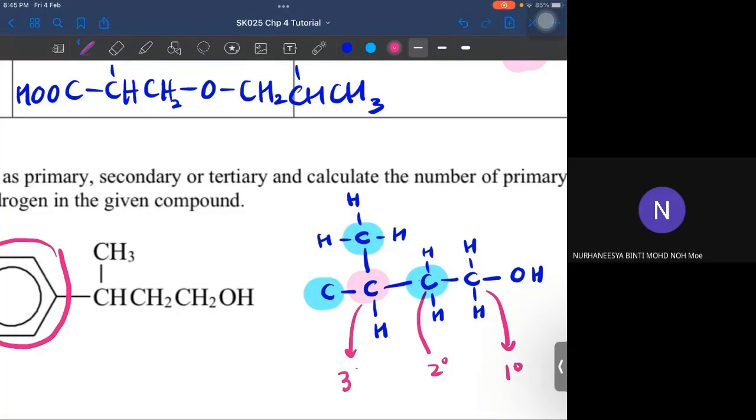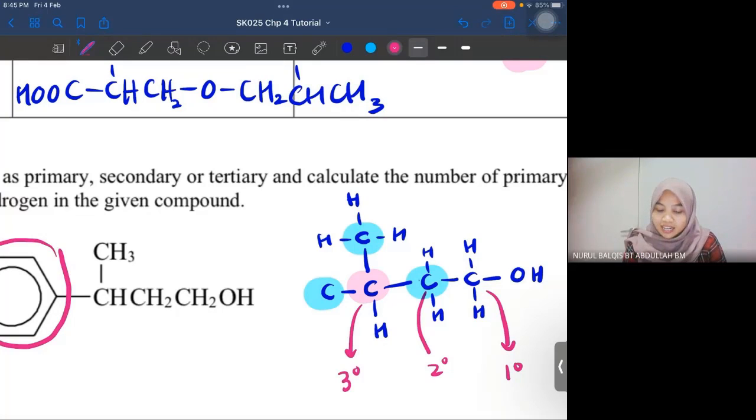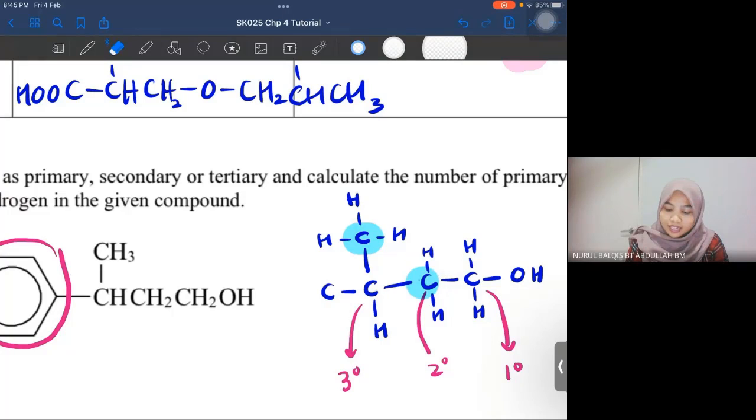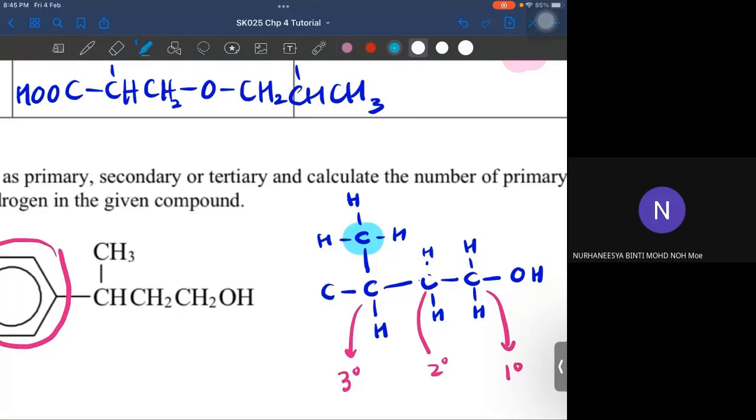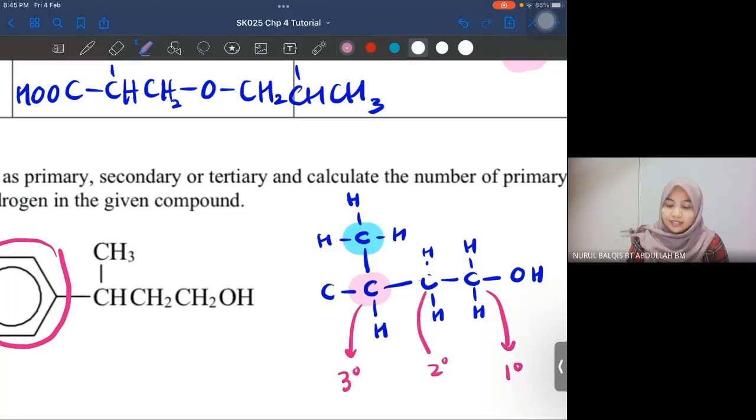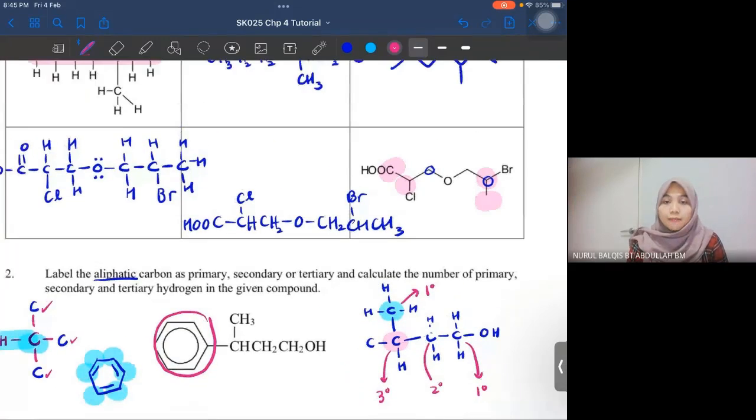Tertiary. Okay, good. And then the last carbon highlighted in blue up there, how many carbons directly attached to it? 1. Ada satu sahaja yang ni lah. Kiranya satu big group. Jadi dia adalah primary. Okay, itu baru kita punya carbon.